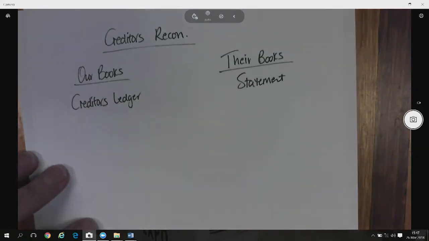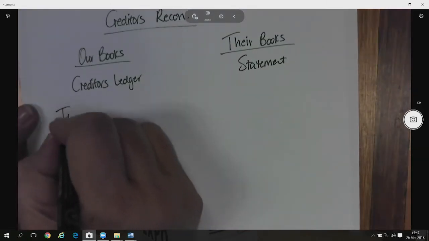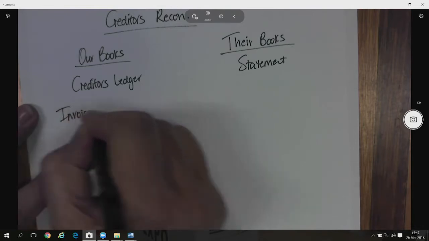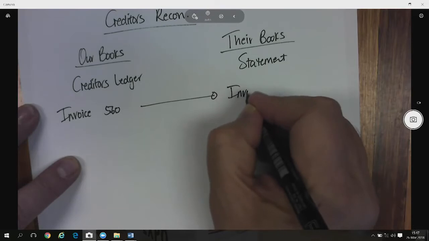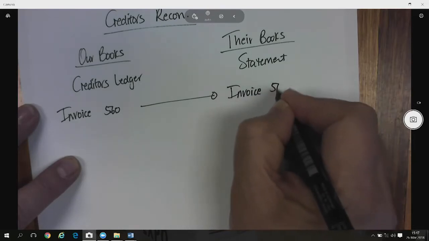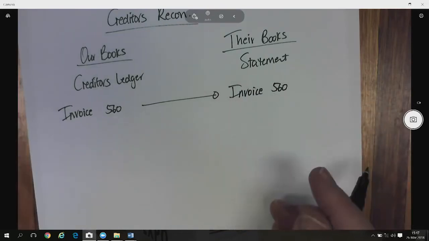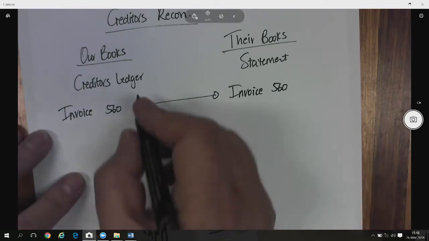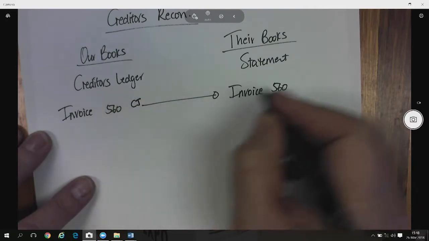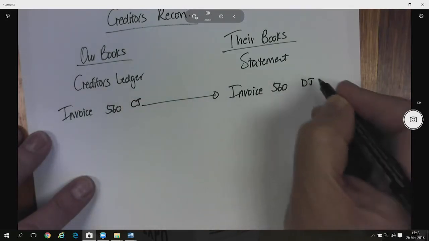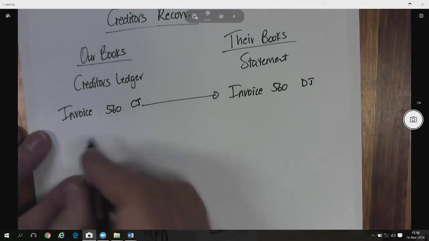Okay, in our books, the invoice with the number, you compare to the invoice with the number. It's the same number, because they sent us the invoice. We show the invoice in the CJ. They show it in the DJ, but it's the same invoice.